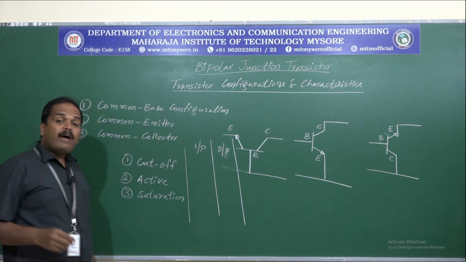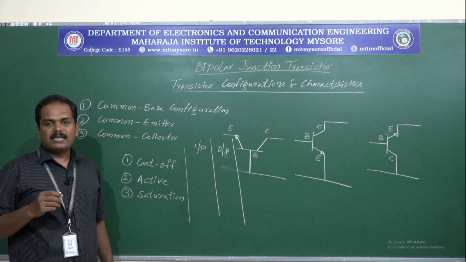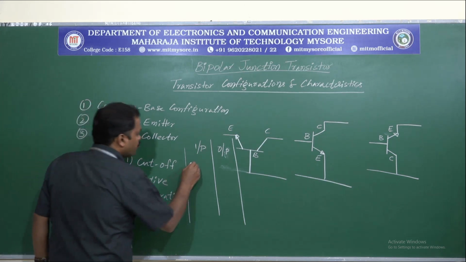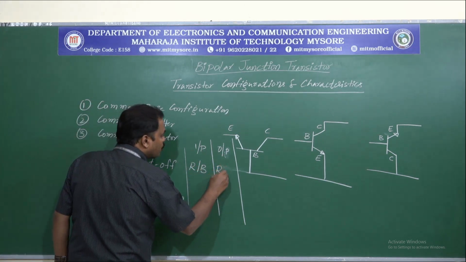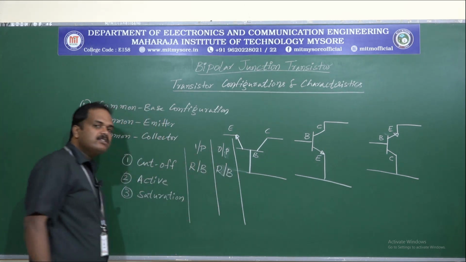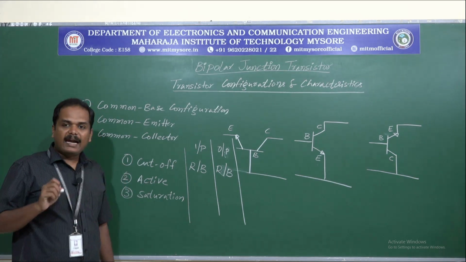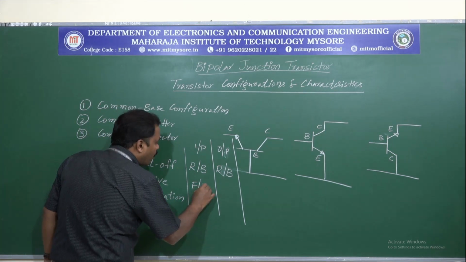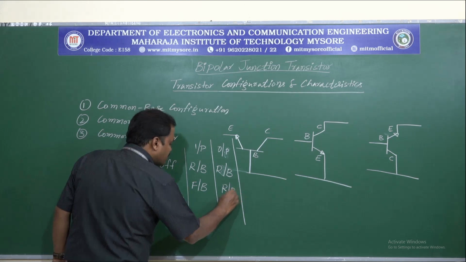If I have to say the device is in cutoff condition, then the input circuit should be reverse biased and the output circuit should also be reverse biased. And if I have to say the circuit is working in the active region, then the input circuit should be forward biased and the output circuit should be reverse biased.